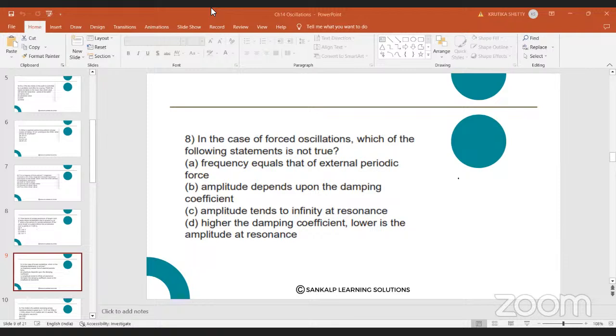So which is true for forced oscillations? Which is not true for the forced oscillations? Yes students, what is the answer?